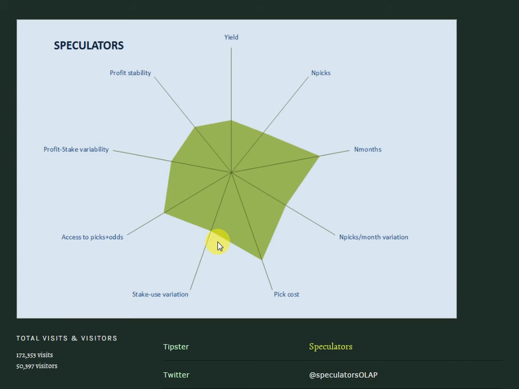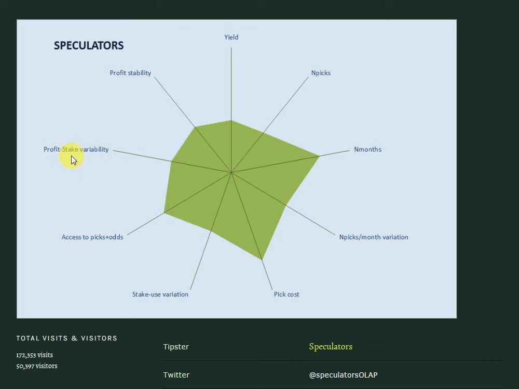The stake variation is acceptable as well, and for this tipster the access to picks and odds is quite good. So in terms of accessibility, we can follow his tips quite well.